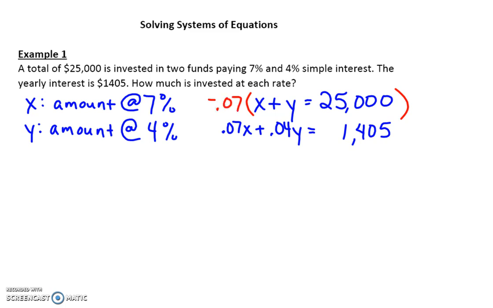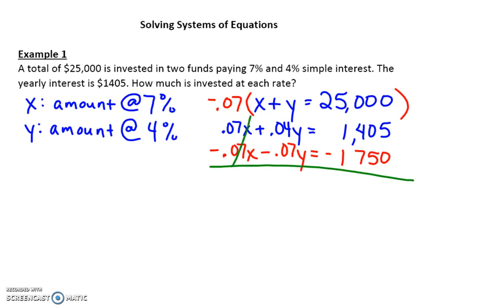So what that becomes is negative 0.07, or 7/100, x, minus 0.07y, or negative 7/100 y. And then when we multiply 25,000 times negative 0.07, we end up with negative 1,750.